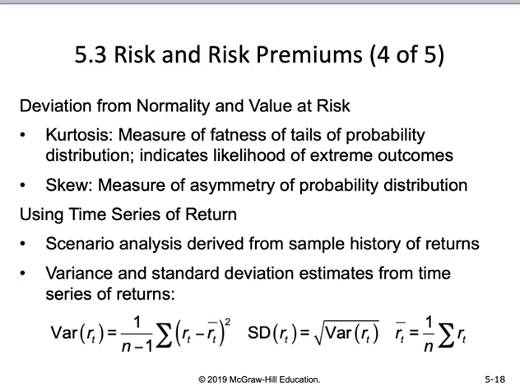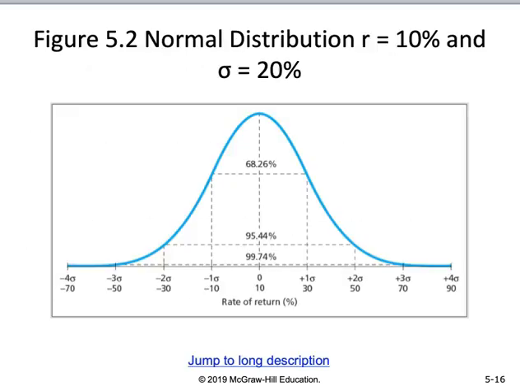I'm going to go back to the last slide and show you what I mean. Starting with a normally distributed curve, if our observation was actually more like that, that's positive skewness. If instead it's more like this, that is negative skewness.